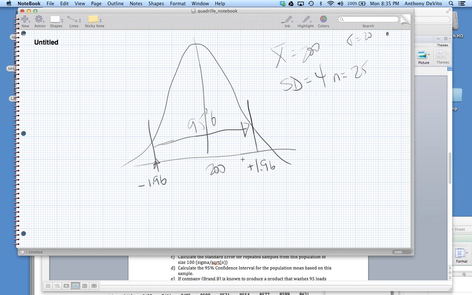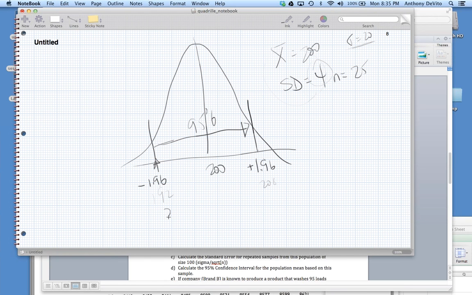You could use -2 and +2 if you're doing it roughly. So what is 2 standard deviations below the mean? Remember, the standard deviation of the population is 20. The standard deviation of the samples is 4. So 2 standard deviations below the mean would be approximately 192, and this would be approximately 208. But we're going to calculate it a little bit more accurately.